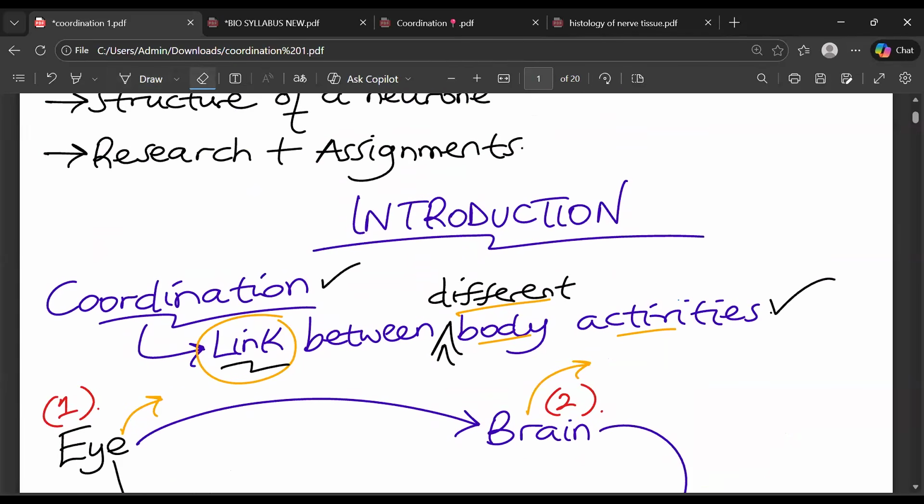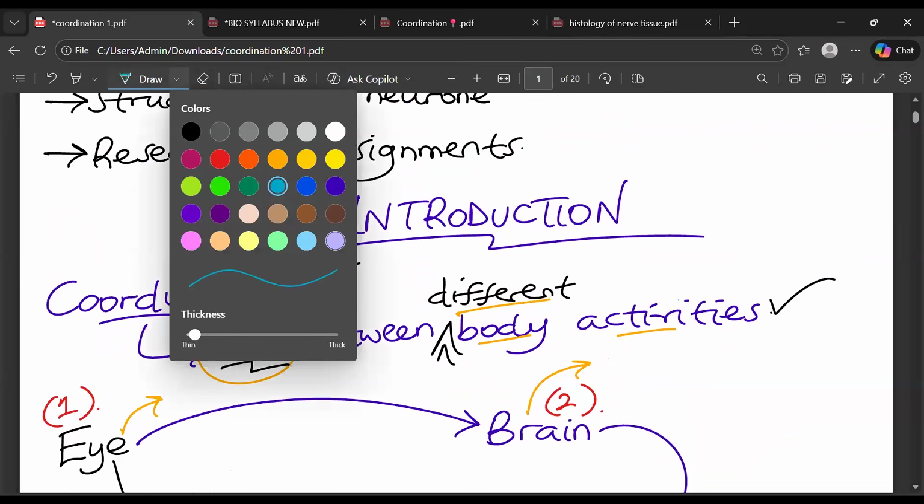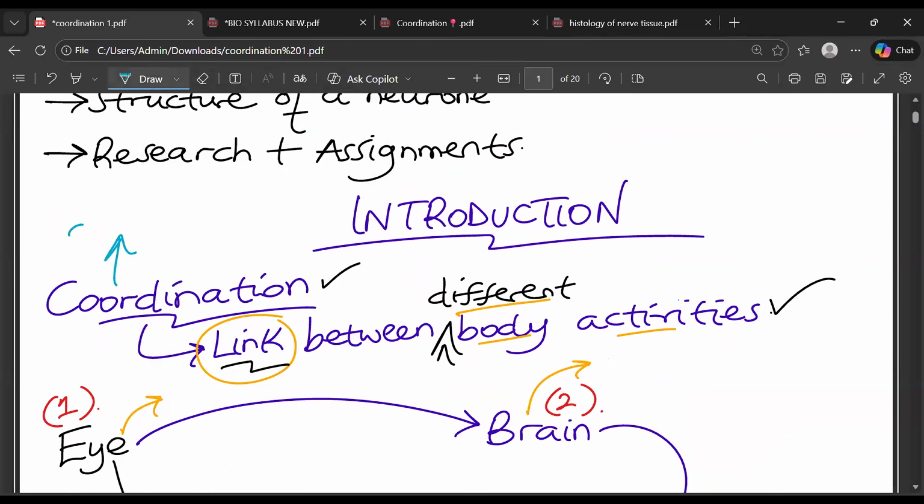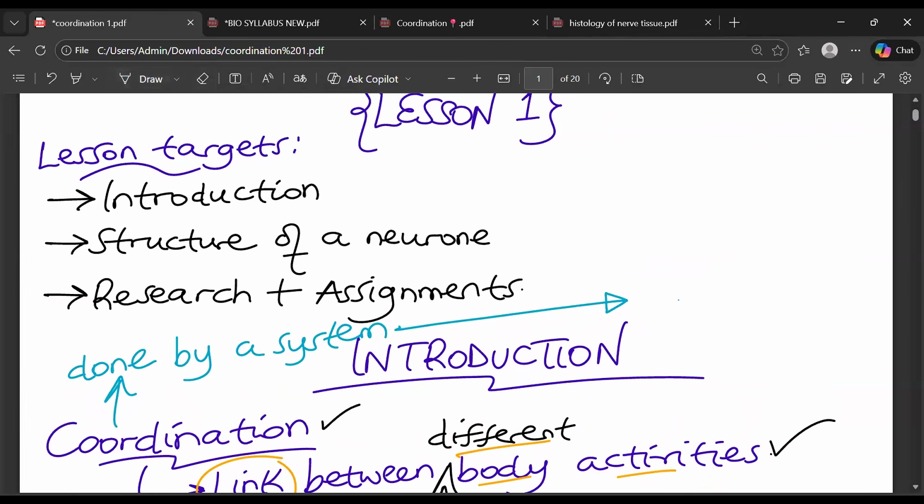Coordination is done by a system. I really wanted to tell you why it's really called the nervous system.